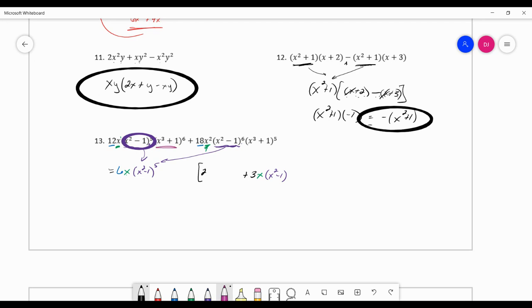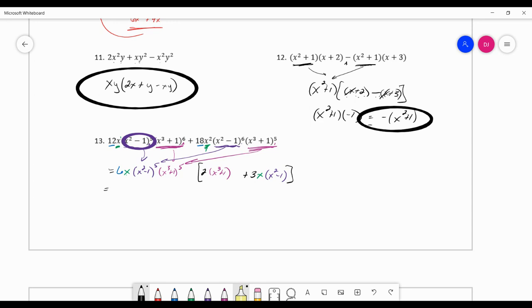Also, x cubed plus 1 to the 6th, x cubed plus 1 to the 5th, I can factor out, whoop, that's crazy. I can factor out x cubed plus 1 to the 5th. So if I take 5 of these 6 and put them here, there's 1 left in here. And all 5 of these came out to here.